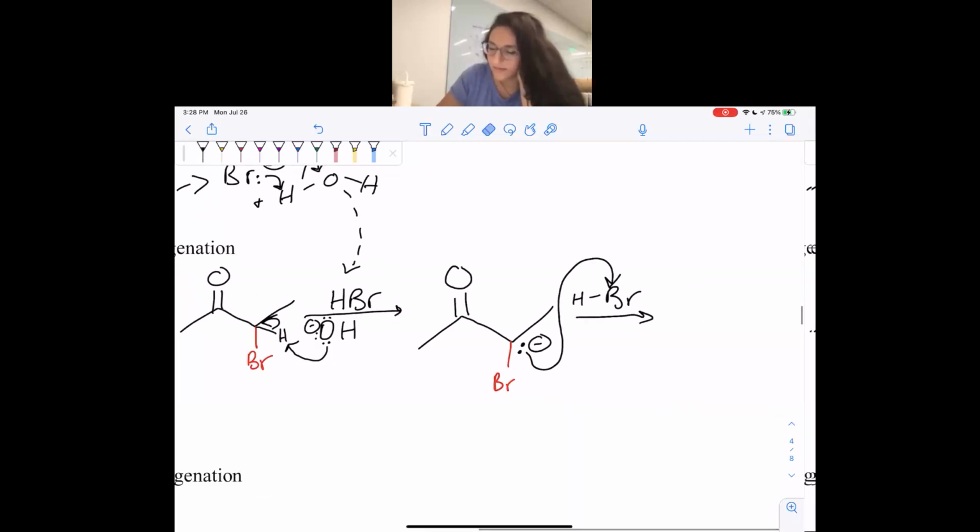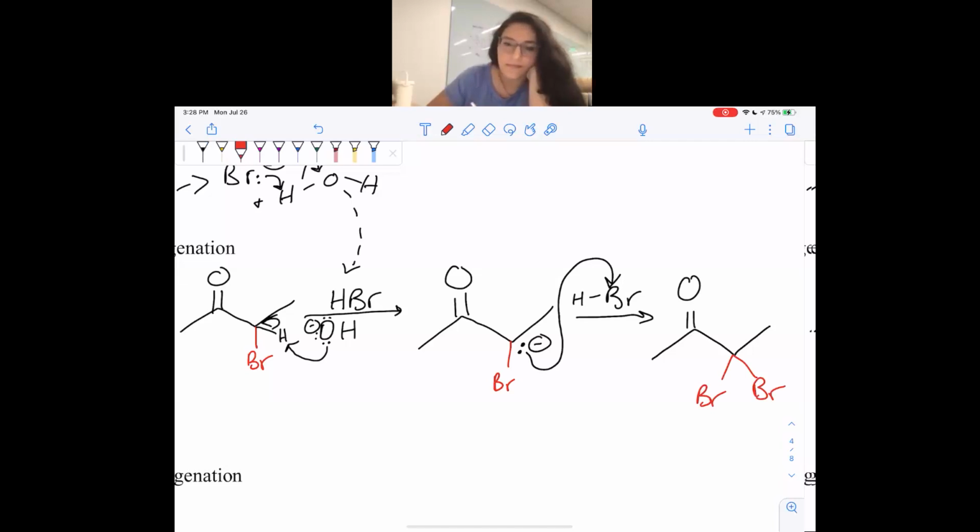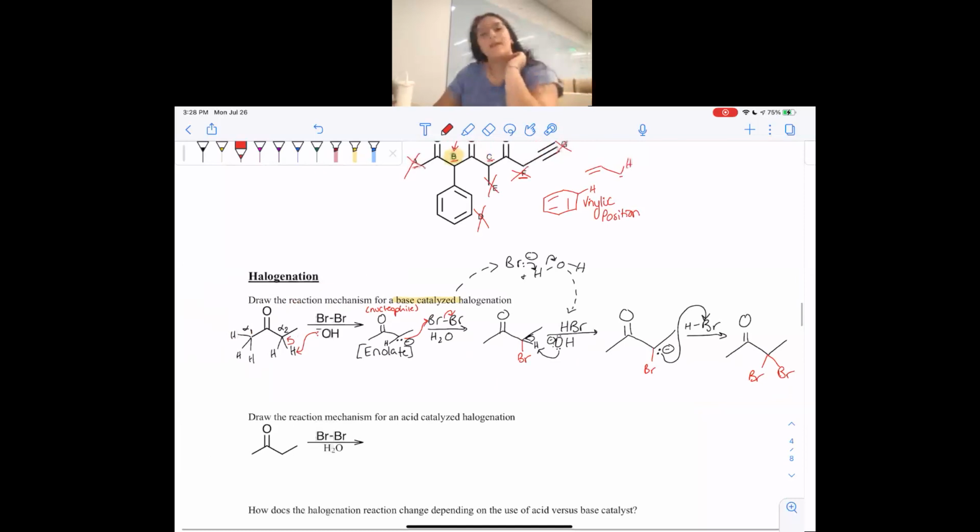And we end up, ta-da! So essentially, you can just think, if you see a ketone and you see Br2 plus base, you're going to exchange both of those alpha hydrogens for bromines.